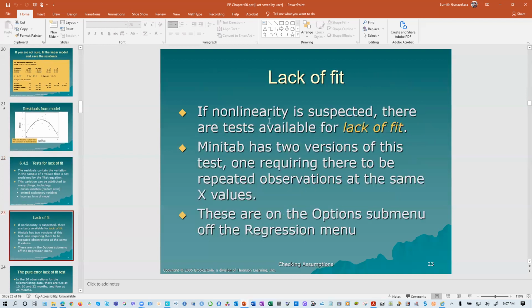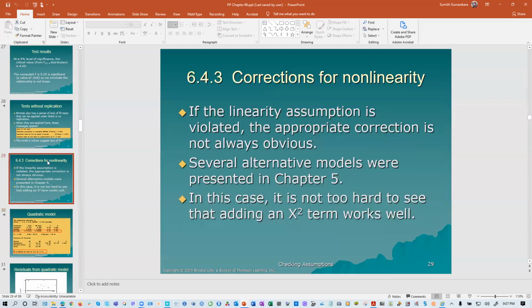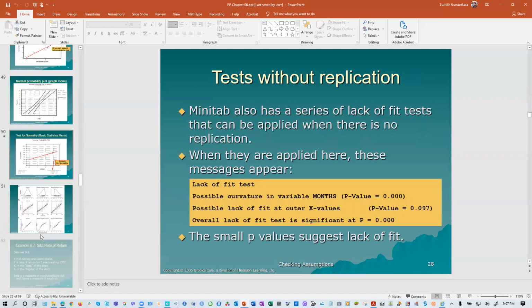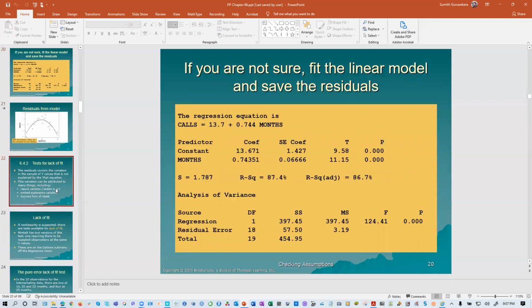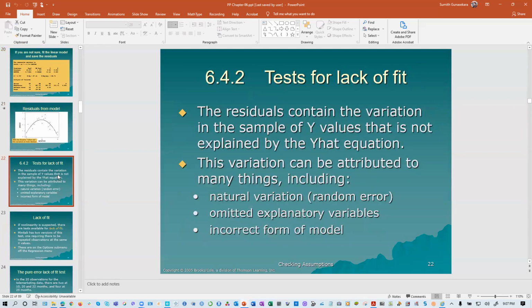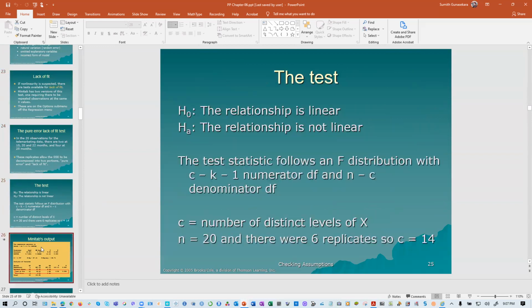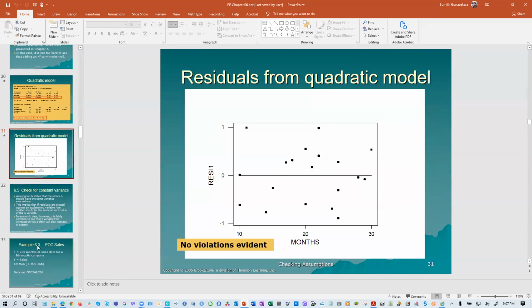So if nonlinearity is suspected, tests are available for lack of fit, in Minitab and SAS, we have those things. Let me see the test of that one. I'm going to skip that for the time being, and then we move on to the next one.